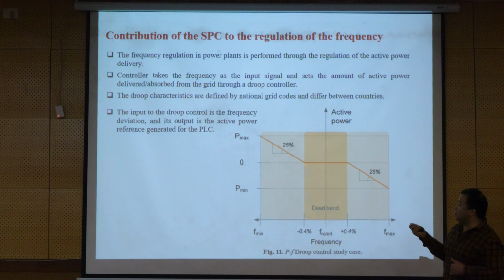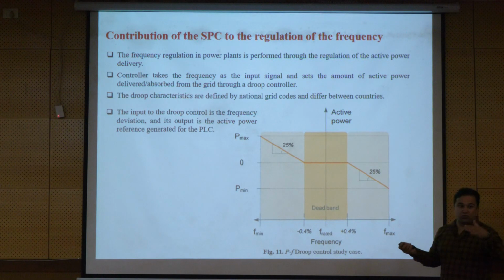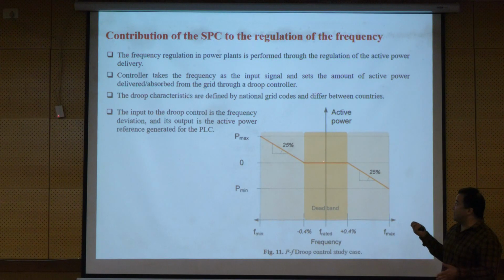And then here also we see that the frequency is 50, but the frequency is dropping. It's the minus side, okay? So it goes toward 49 hertz. So we see that when we pass this dead band, we need to inject more power.